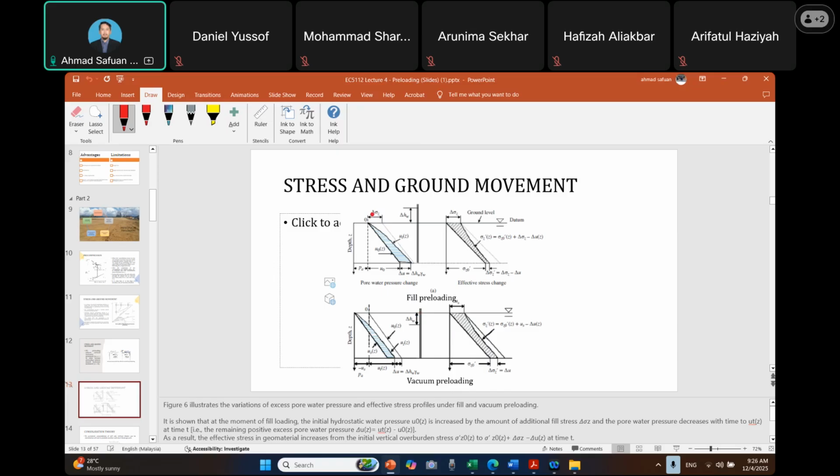So then it increases the excess pore water pressure once we have increased the surcharge on the top.